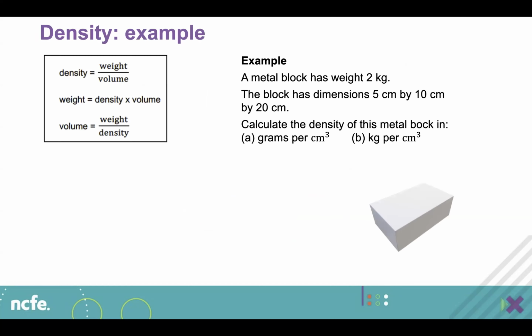Density example. So a metal block weighs 2 kg. The block has a dimension of 5 by 10 by 20 centimeters. Calculate the density of the metal block in grams per cubic centimeter and in kilograms per cubic centimeter. So in grams, 2 kg equals 2,000 grams.